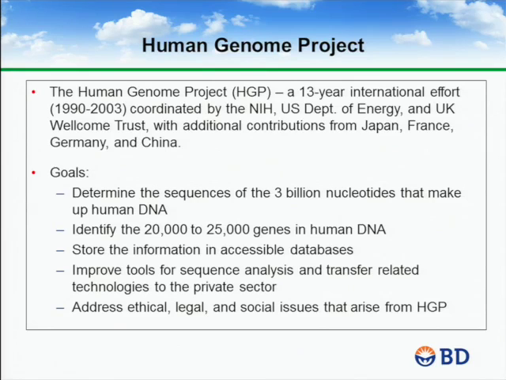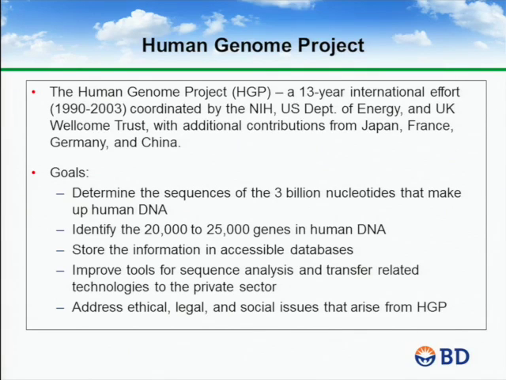So if we look at the Human Genome Project, this was a 13-year international effort that was initiated in 1990, concluded in 2003, that was funded through the NIH and a number of other organizations, both in the US and internationally. The goal of this project was to determine the sequence of roughly 3 billion nucleotides that compose human DNA.